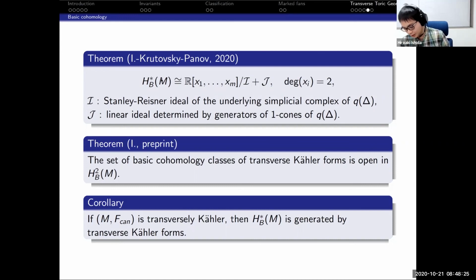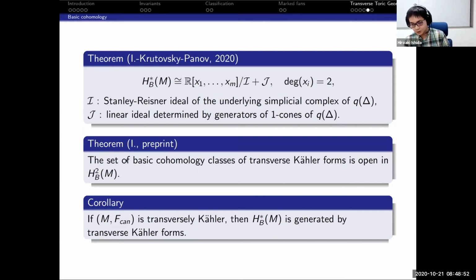More precisely, the basic cohomology algebra admits almost the same formula as a non-singular complete toric variety. And this is also a generalization of the well-known fact in toric geometry.